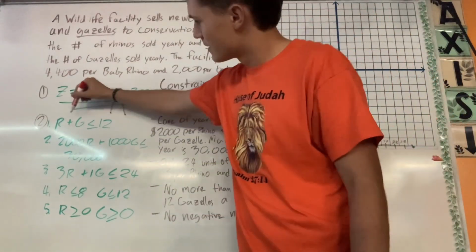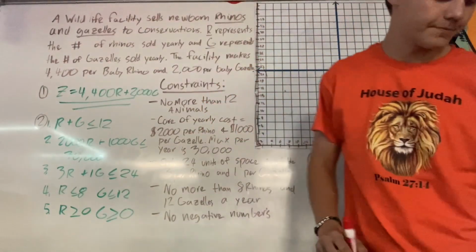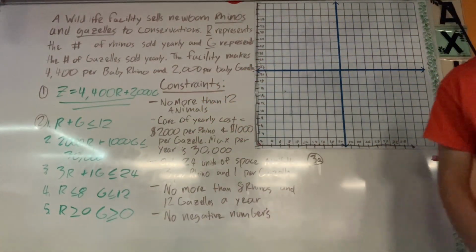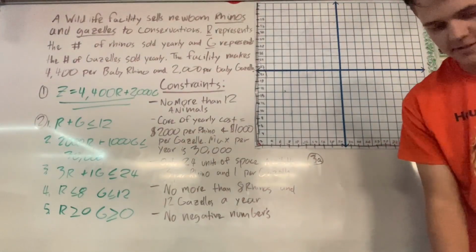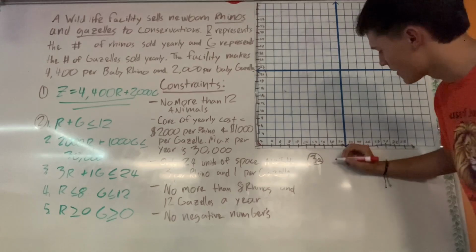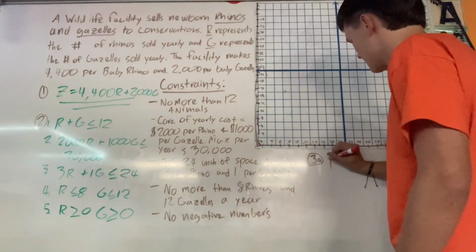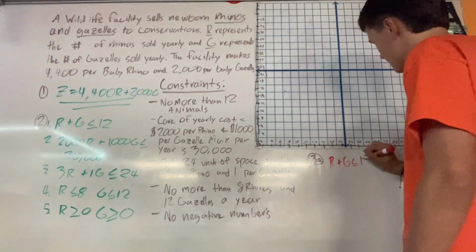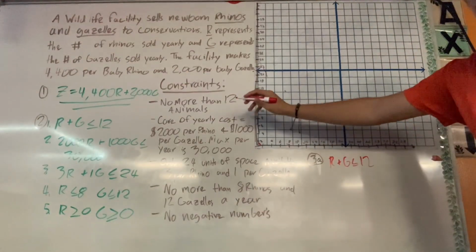Now we can come back up here and we can start with the first one. So we know that R plus G has to be less than or equal to 12. That's our first constraint.